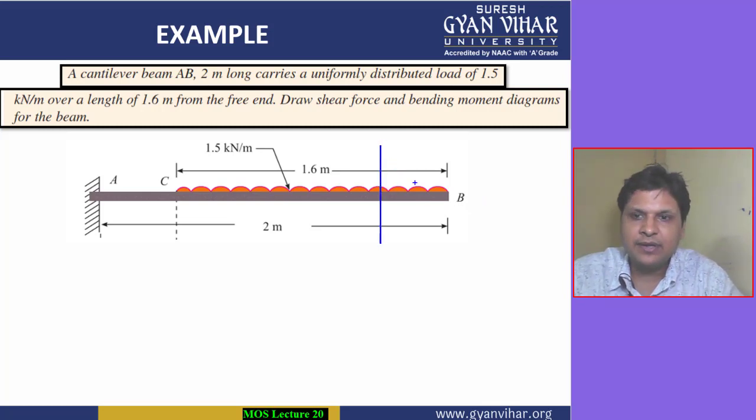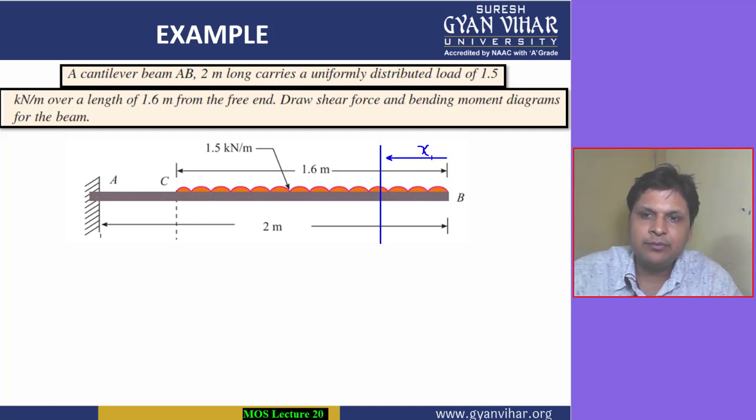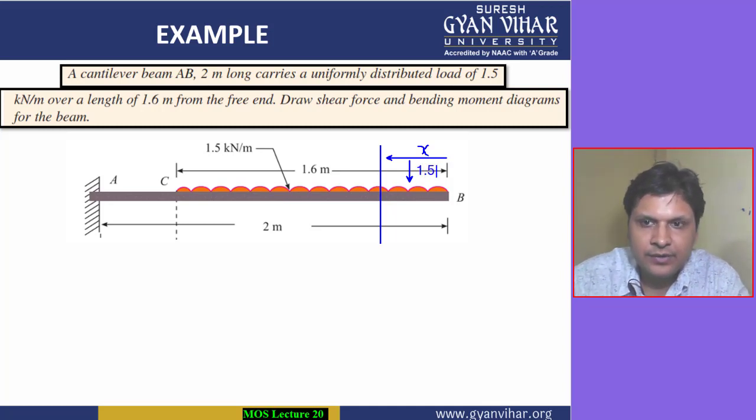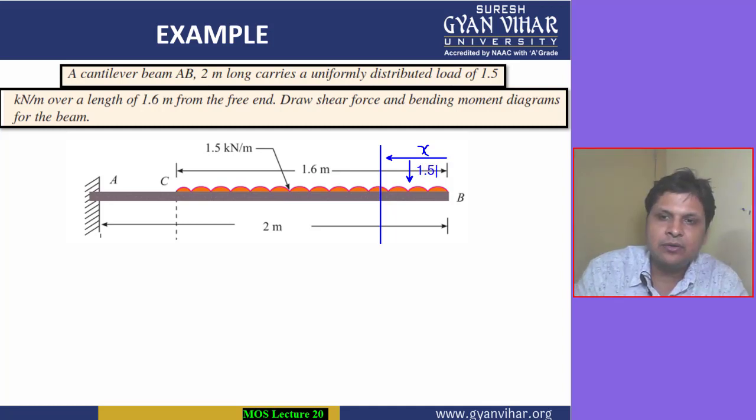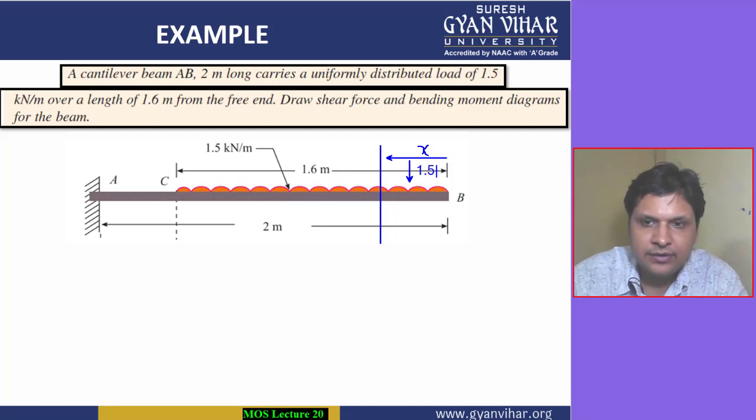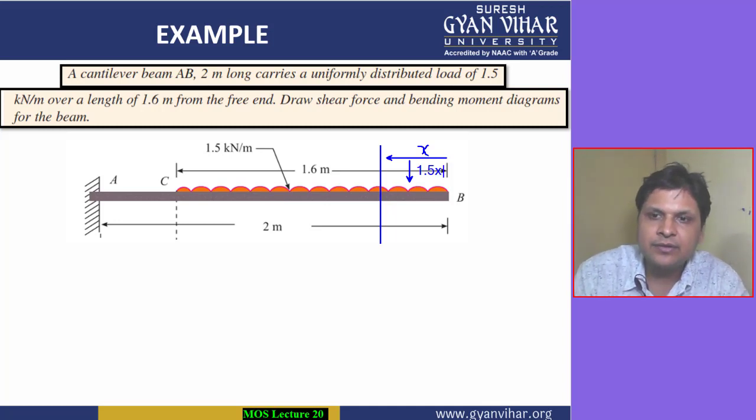For example, if this is the section which is at a distance of x from this point B, then for this small portion, students, the UDL will be converted into a point load whose value will be equal to 1.5 kilonewton per meter times the length x, so 1.5x is the load which is acting at the center.